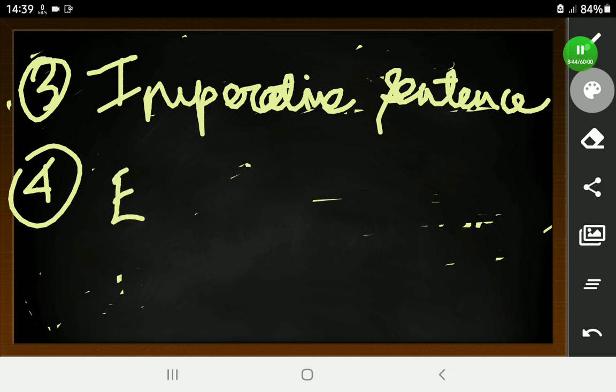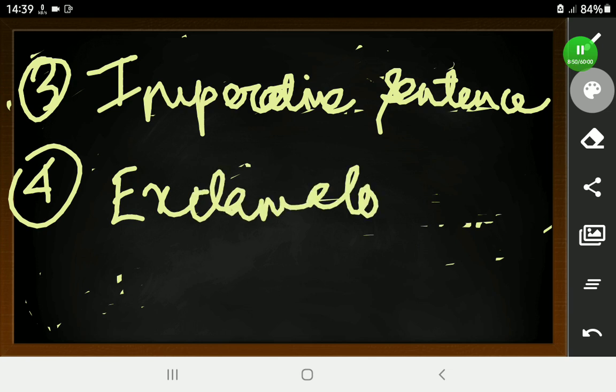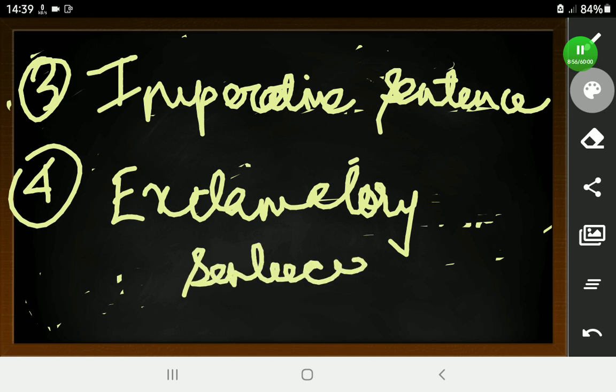So till now we learned what a sentence is, how many types of sentences there are, there are 4 types of sentences, and what they are called.